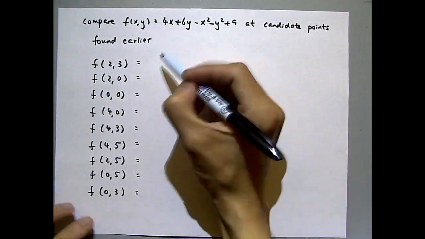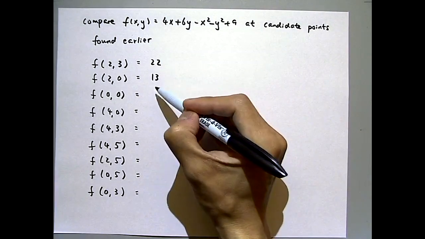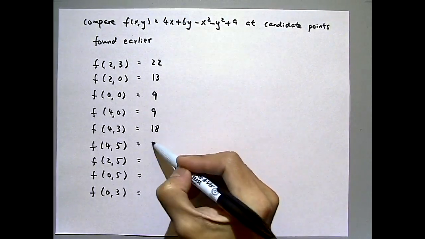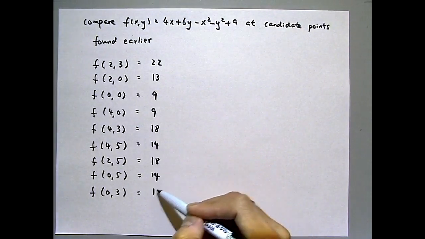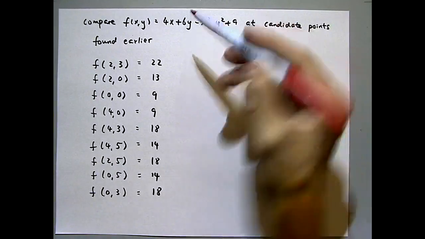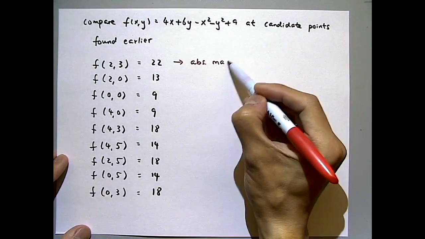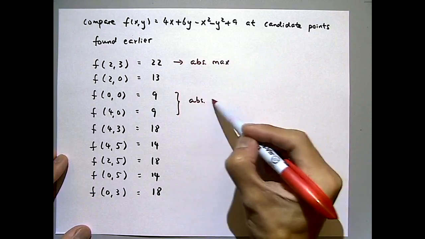I'll do that for you. 22, 13, 9, 9, 18, 14, 18, 14, 18. And just like before, you pick out the biggest one here. That's our absolute max. Smallest one right here, there are two of them, absolute minimum.